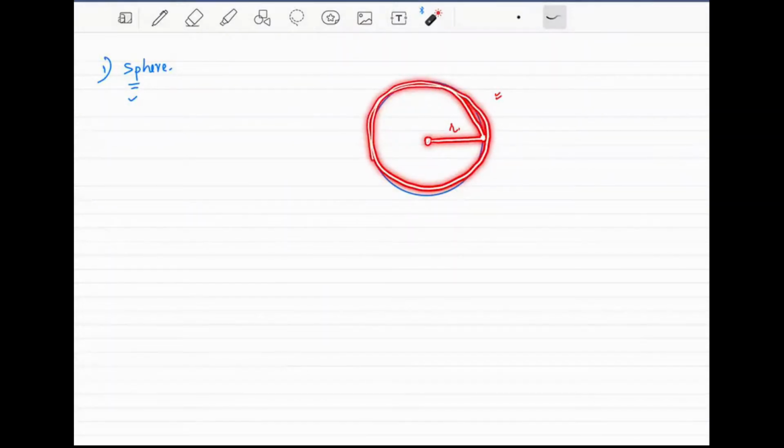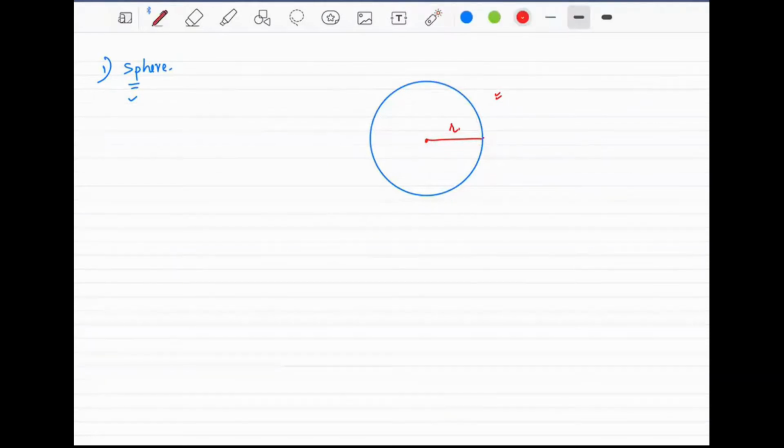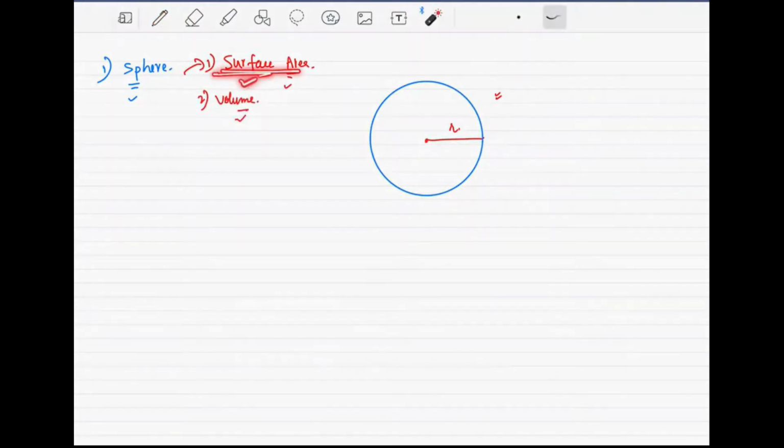Now, we are not calling this circumference anymore. For sphere, we are going to learn 2 things. First one is surface area, and second one is the volume. You know what surface area is, right? If you take a bowl, how much area does the surface occupy?